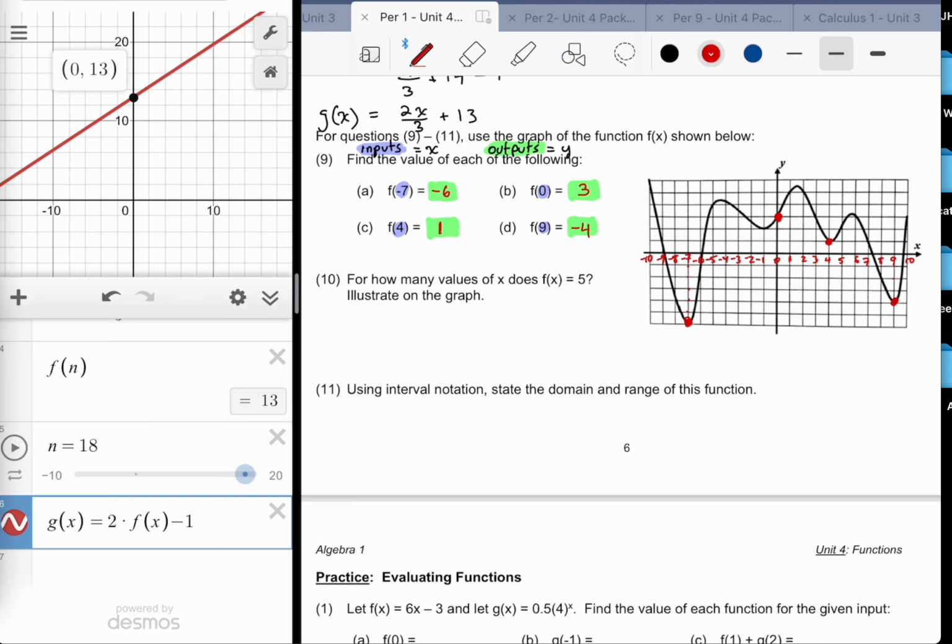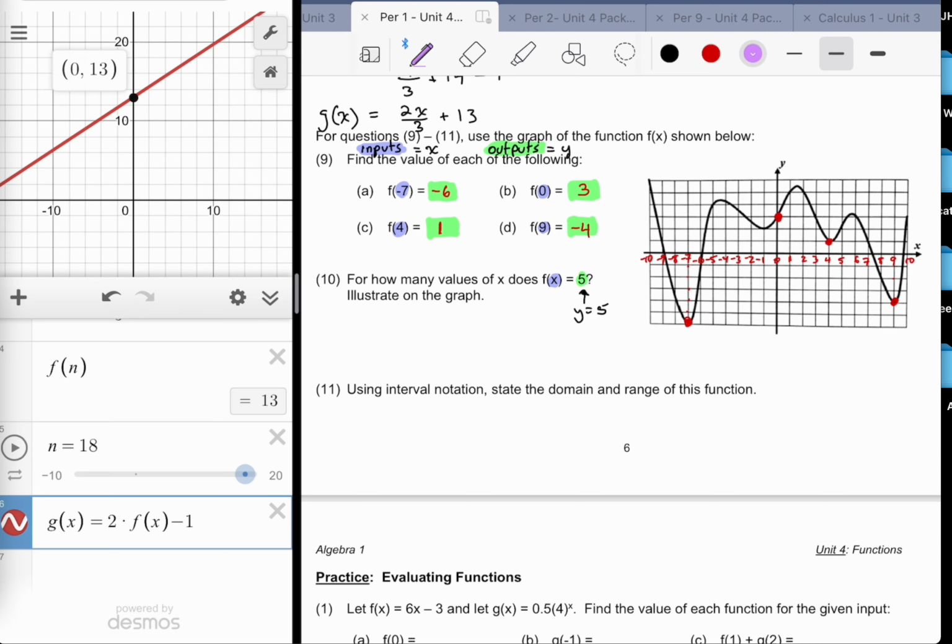So for how many values of x does f of x equal 5? So the input is unknown. The output is known to be 5. So the y value is 5. So at the y value, I'll use a different color. I'll use something a little brighter.